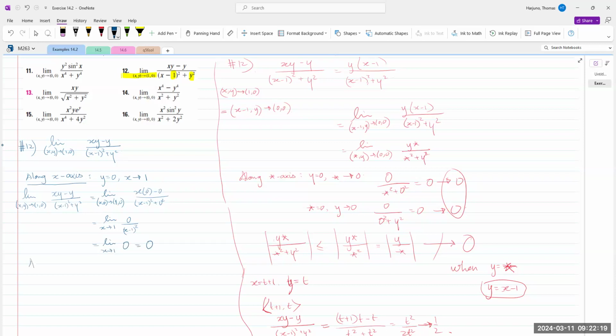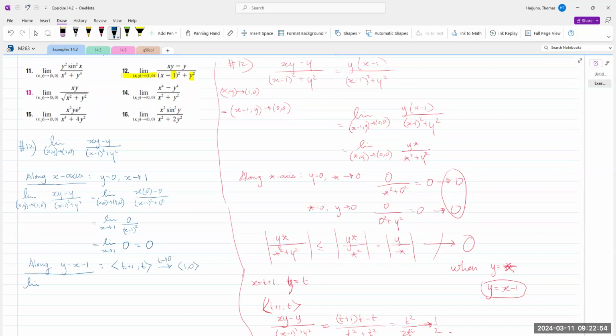However, when we go along y equals x minus 1, I will parameterize it this way, (t plus 1, t), and as t goes to 0, this will go to (1, 0), that's the destination point that we are going to as t approaches 0, right?